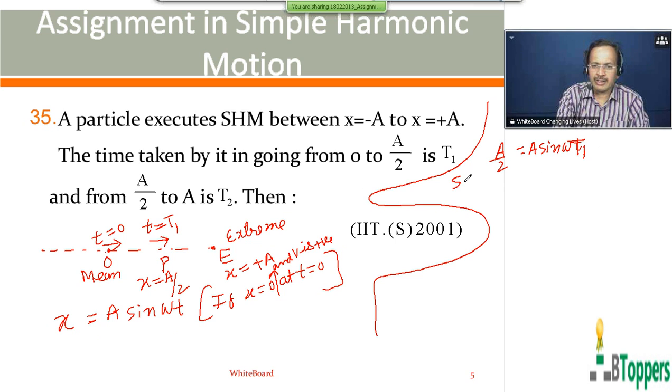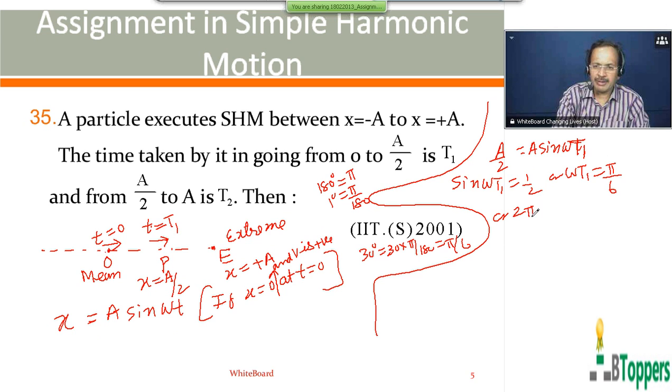So you get sin omega t1 equal to 1 by 2, sin 30 degrees is 1 by 2. 180 degrees is pi radian, so 1 degree is pi by 180 radians. So 30 degrees will be 30 into pi by 180, or pi by 6 radian. That means omega t1 is pi by 6.